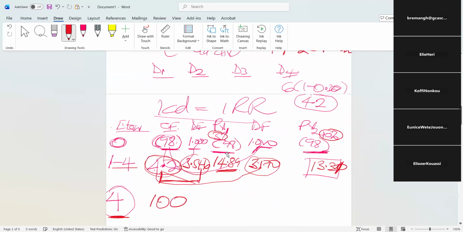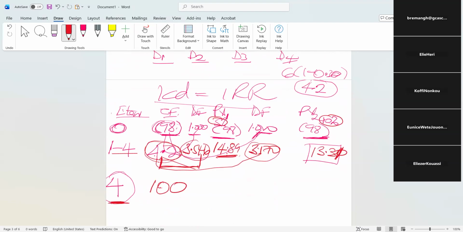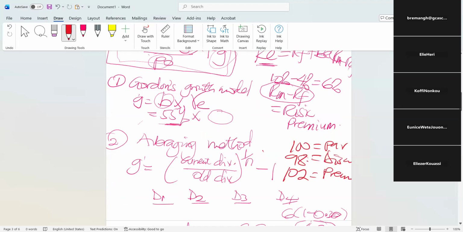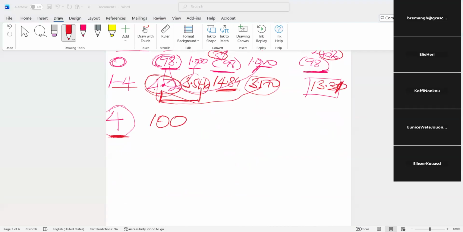So whatever he tells you at the maturity date is what you put here. Then we need the discount factor of 5% on the 4th year, so let me go to the discount factor table.